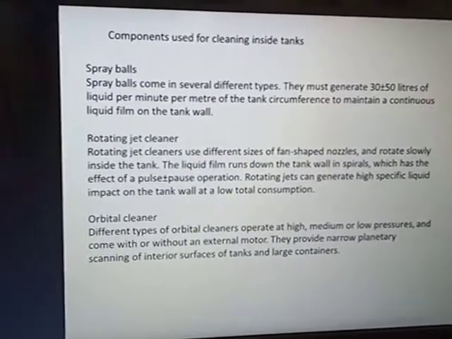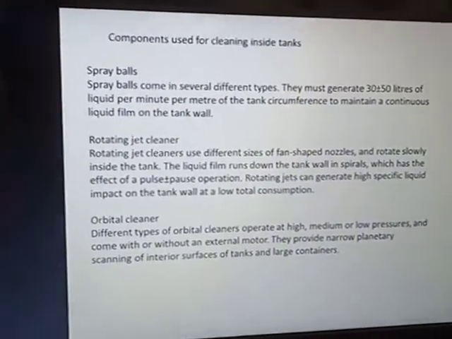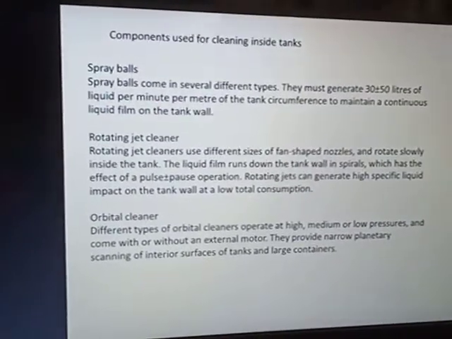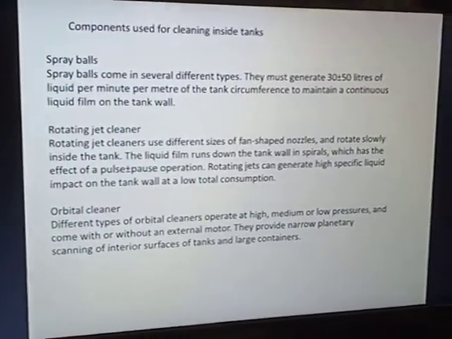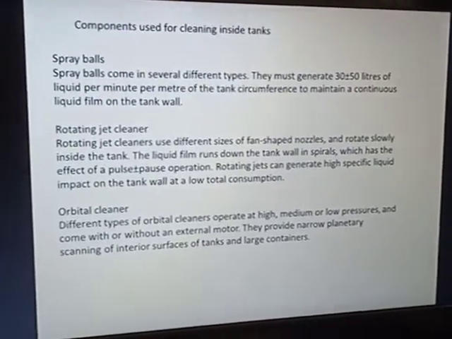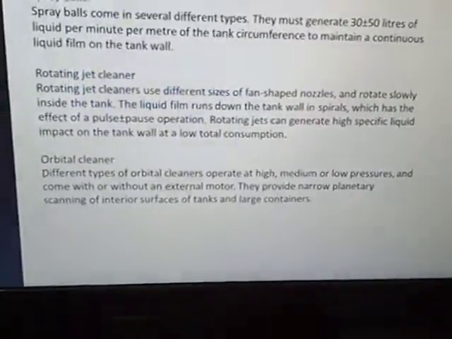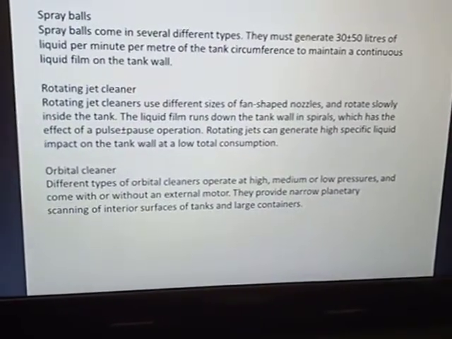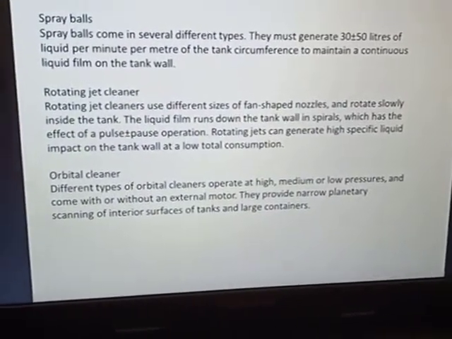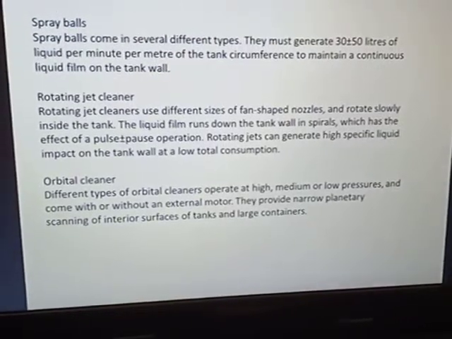Components used for cleaning inside tanks. What are the components of the equipment? So you need to remember that you need spray balls with different types. They must generate about 30 to 50 liters of liquid per minute, per meter. Rotating jet cleaner, different sizes of fan shaped nozzles, rotate slowly inside the tank.